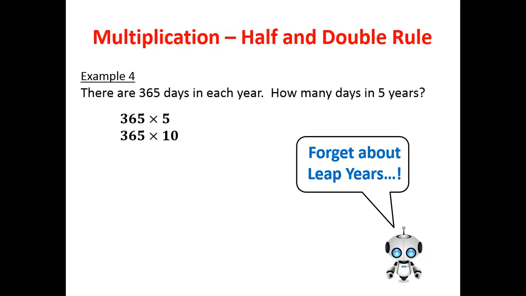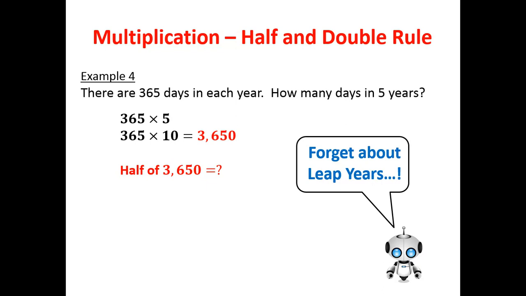Here's what we're going to do, we're going to double the 5 to get 10. Now I'm not going to halve anything at the moment, just wait and see. So 365 times 10. Now we're going to go 365 times 1, and then there's a 0 to add on to make 3,650. Now because I doubled the 5 to get 10, I need to halve my final answer.